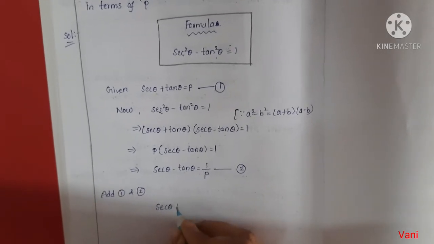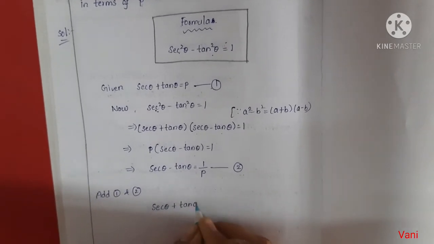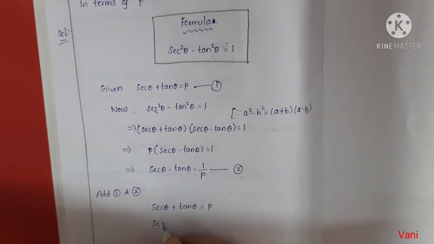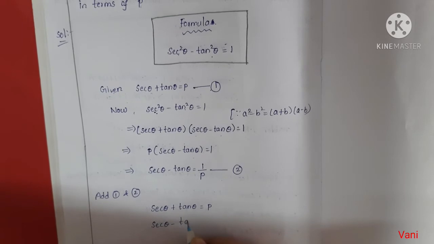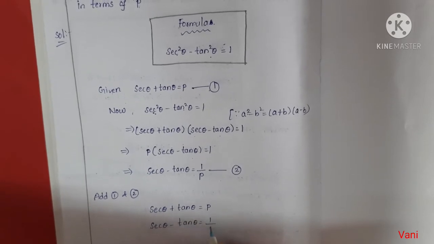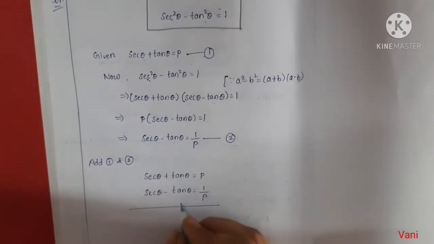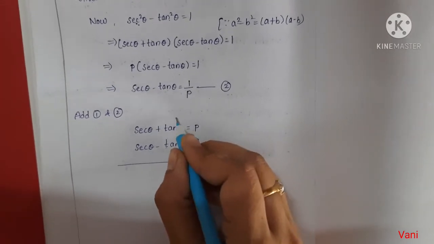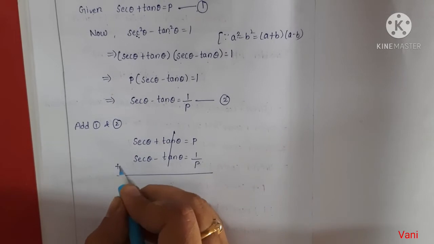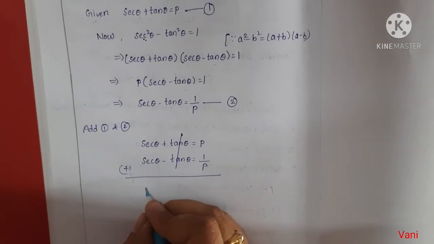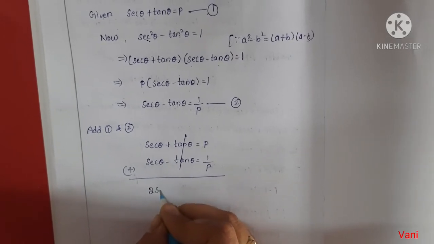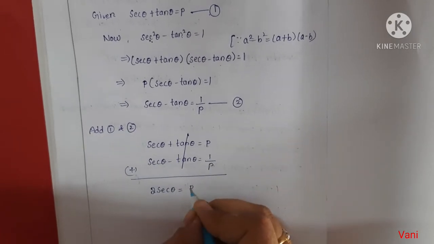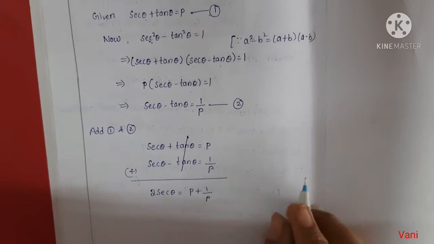Secant theta plus tan theta is equal to p. Secant theta minus tan theta is equal to 1 by p. When you are adding, no need to change the signs. So plus tan theta and minus tan theta will cancel. Secant theta plus secant theta gives 2 secant theta, which is equal to RHS plus RHS, so p plus 1 by p.